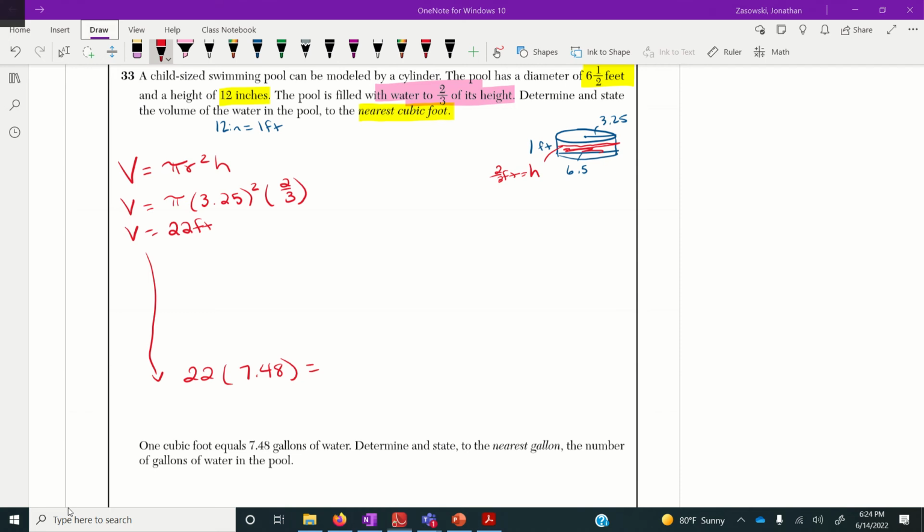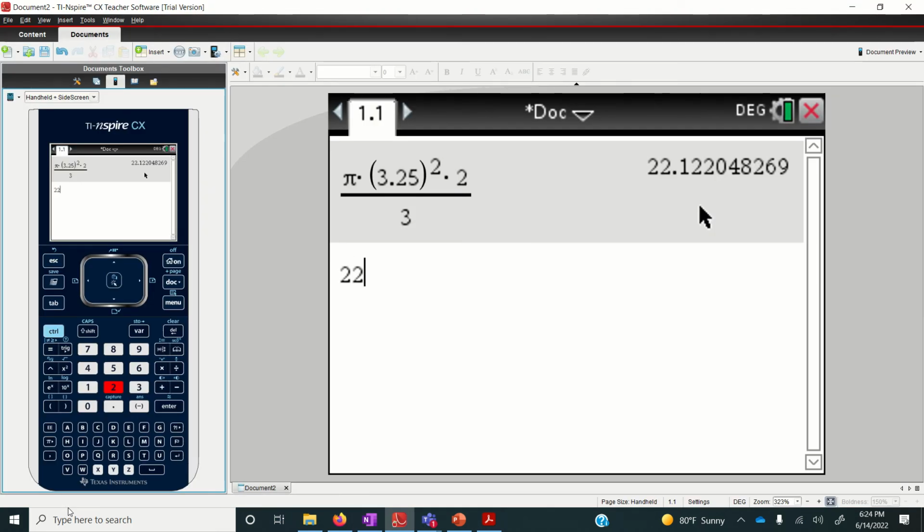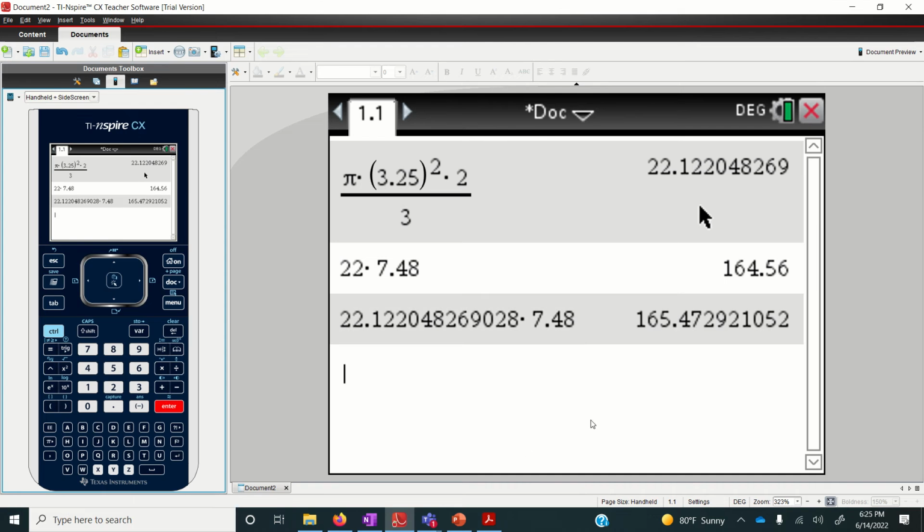Okay, and we're just going to check here. Okay, is going to be 165. If we do use this answer, it's still going to be 165. So even if you use the original or the rounded answer of 22, you're still going to get the same thing. So it's not going to throw anything off here.